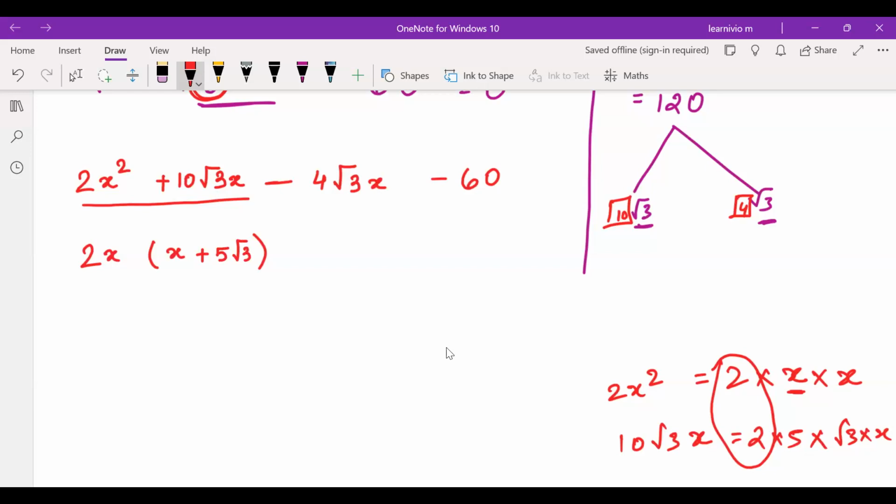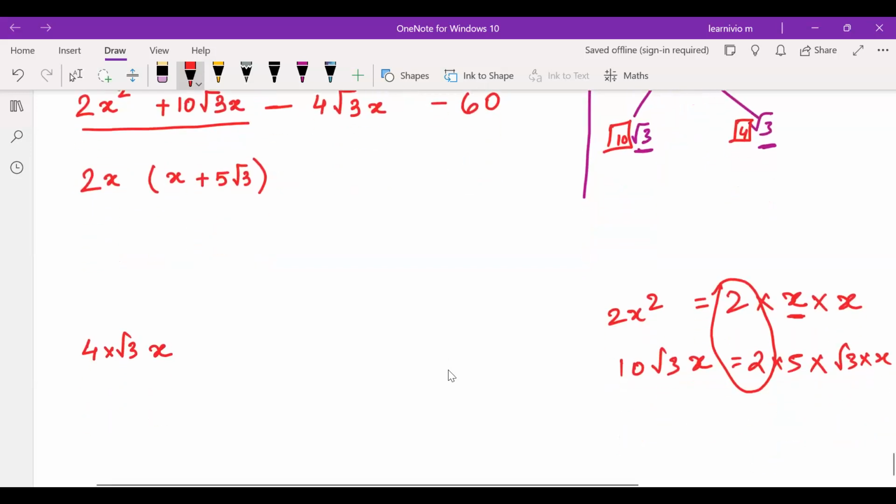Exactly. And then from the other two, do the factorization and check it.